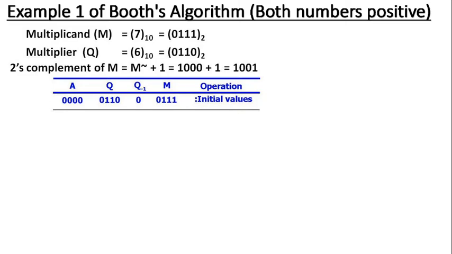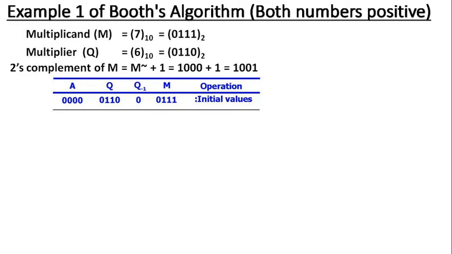Observe carefully that register Q contains, in the initial values, its LSB bit, meaning the extreme right bit, which is 0. Q minus 1 is also 0 in the initial values. It means that Q0, Q minus 1 are 0, 0.